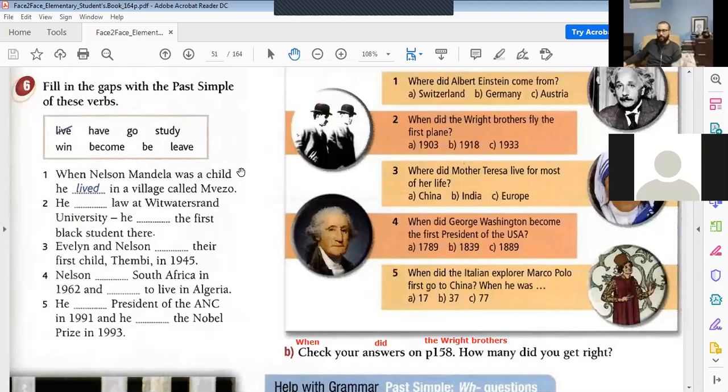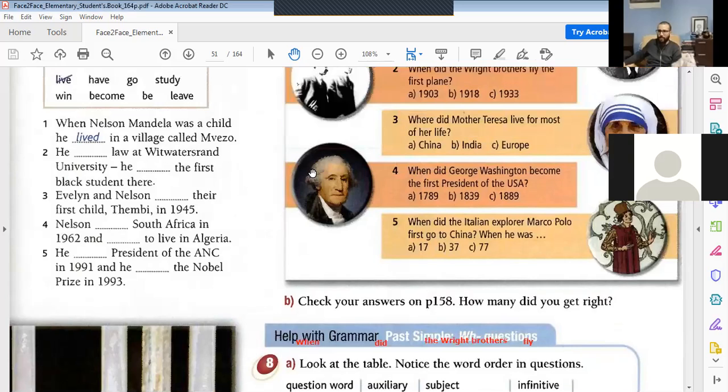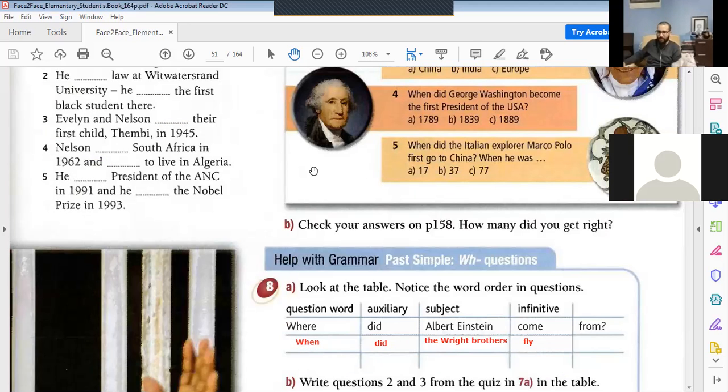Where's the infinitive? Fly. Correct, that's right. So the infinitive is fly. So when did the Wright brothers fly their first plane? Is it first plane? Let me check. Yes, the first plane. Very nice. So that's correct.